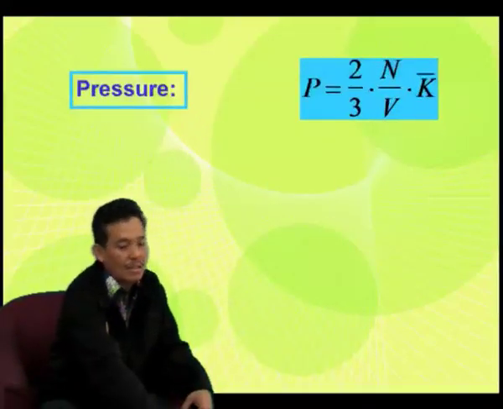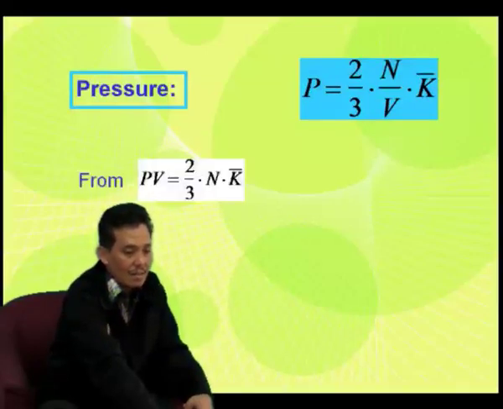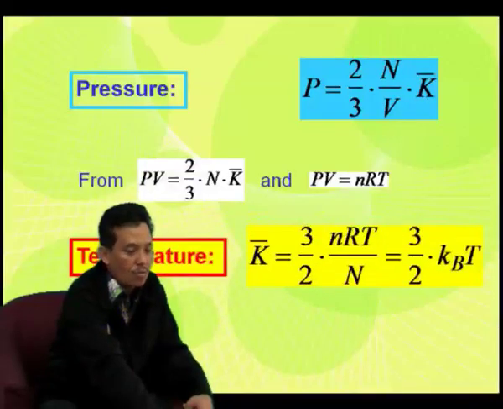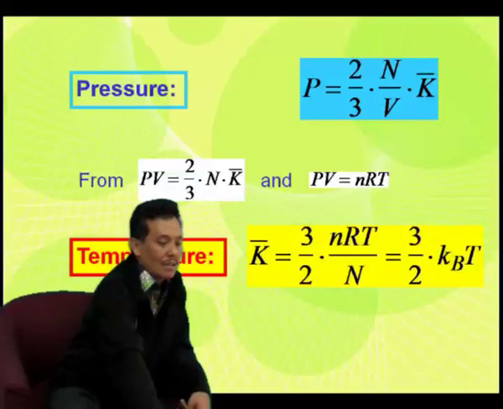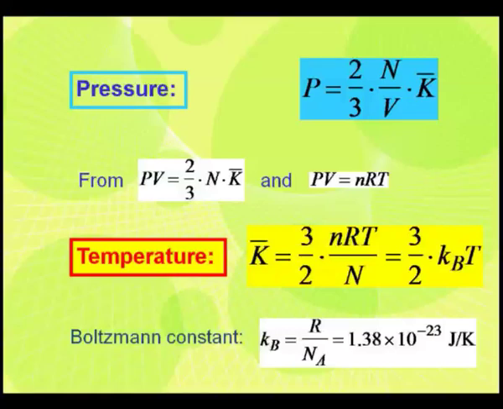So the pressure can be written like this, and from the ideal gas law the kinetic energy can be written like that. So we can then define the Boltzmann constant, and the value of the constant is 1.38 times 10 to the minus 23 joule per Kelvin.